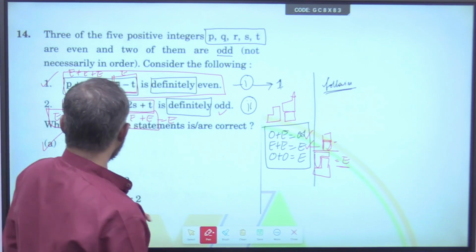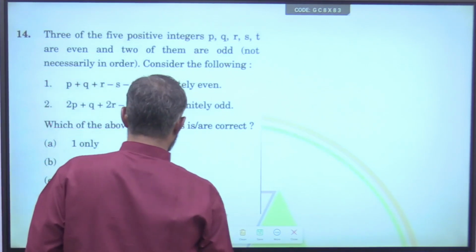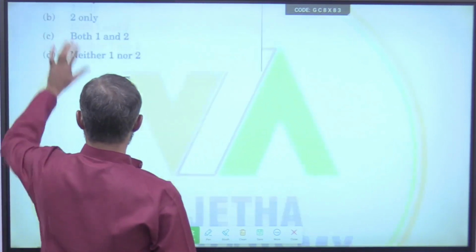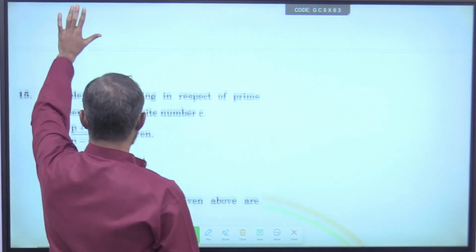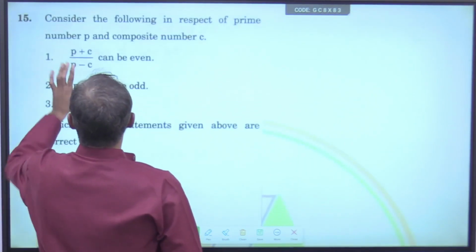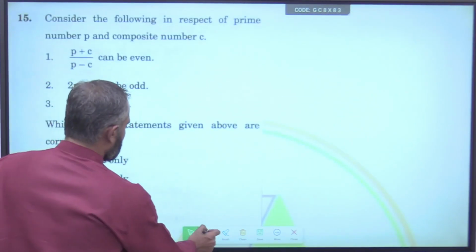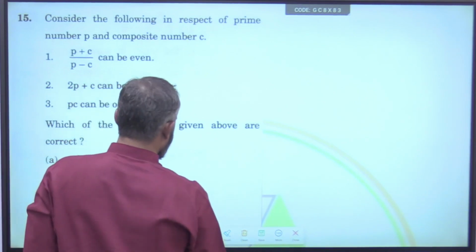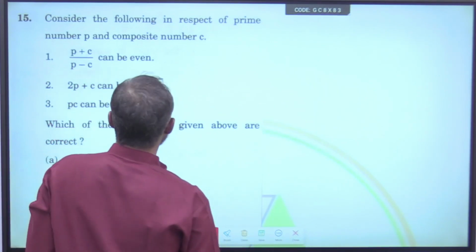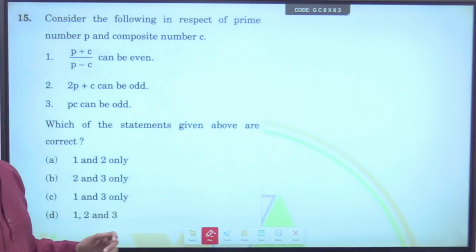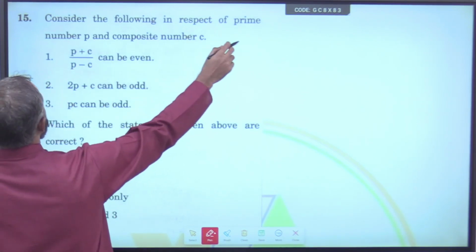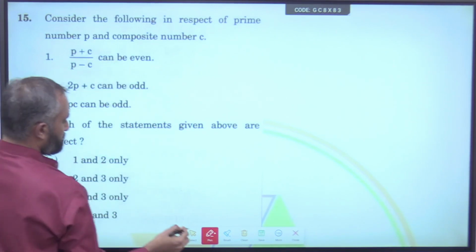Next, 15. Now, pause a bit and read the question properly. Consider the following with respect to prime number and composite number.